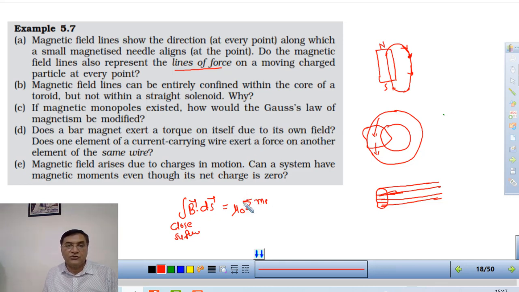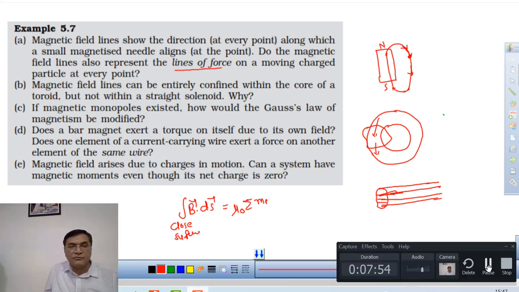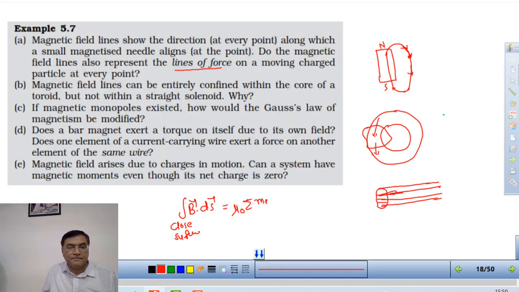No, it is not possible. It does not experience its own torque or force. Does one element of a current carrying wire exert a force on another element of the same wire? Torque is not exerted because the symmetric effects cancel, but in a current carrying conductor it is possible. If it is straight, it is not possible.